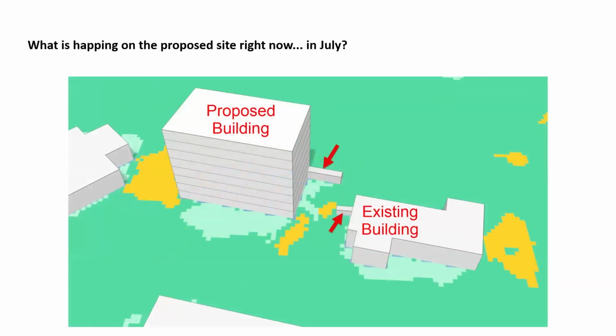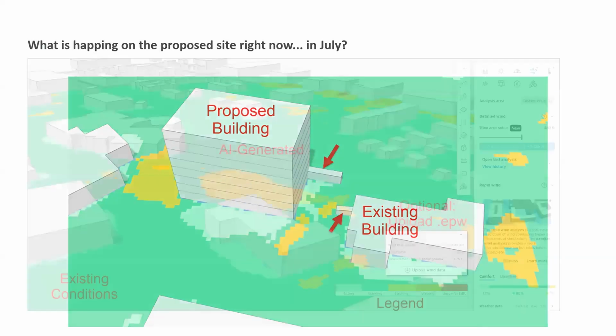Here's a proposed building, and the wind analysis that you see showing up here, basically the comfort scale, is an AI-based result. So we can add these little low walls that you see pointed out there, these little artifacts, and in real time see how they're affecting the wind analysis.